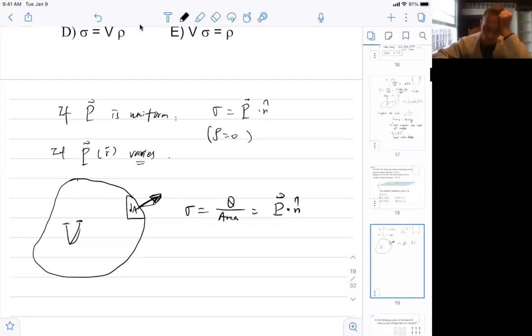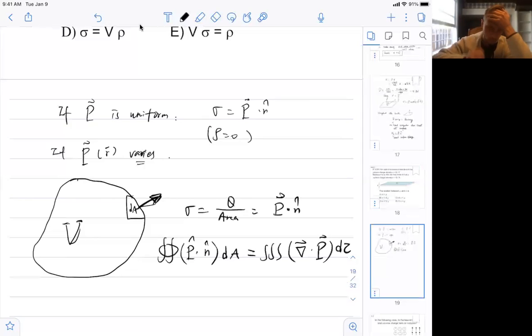And here I'm going to use the divergence theorem, which states that the surface integral of P dot N hat over some surface is equal to the integral of the divergence of P over the volume, tau. Okay, so this is the divergence theorem.